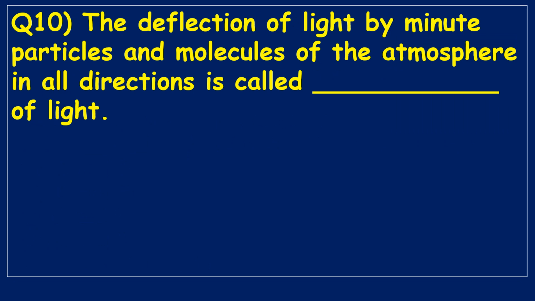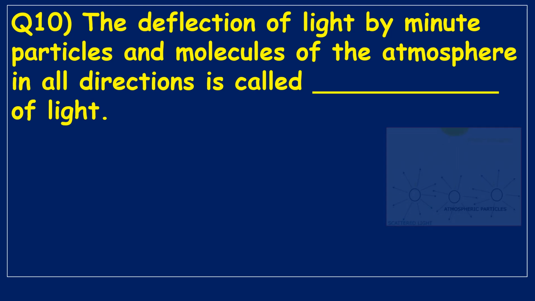Next question. The deflection of light by minute particles and molecules of the atmosphere in all directions is called dash of light. In all directions, right? Deflection of light by minute particles like dust particles present in the atmosphere and molecules of the atmosphere, that means air particles, they just deflect light in all directions.